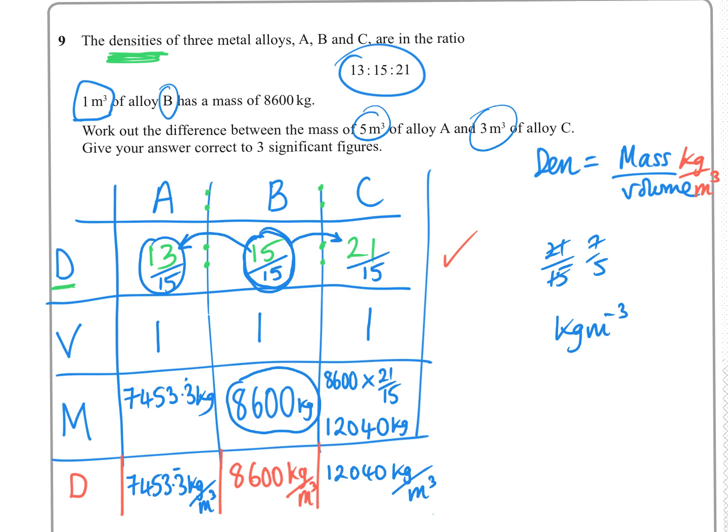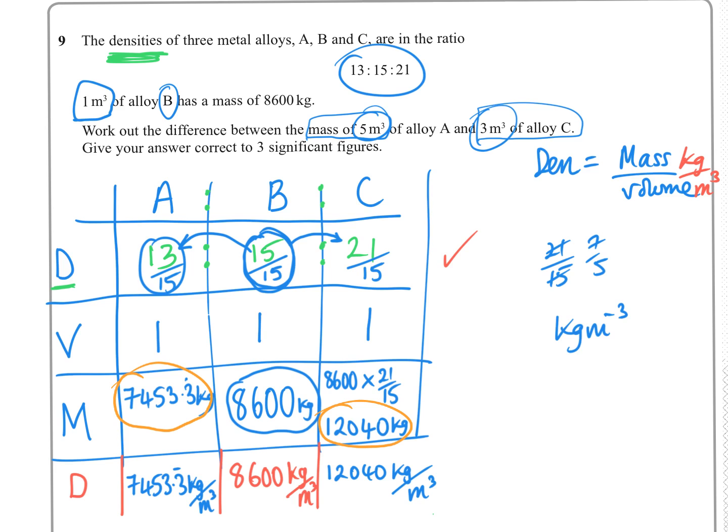And then we're off to get the rest of the question now, because we want to work out the difference between the mass of 5 meter cubes of alloy A and 3 meter cubes of alloy C. Now, if I use a different colour here, our masses are clearly given in kilograms for each one.